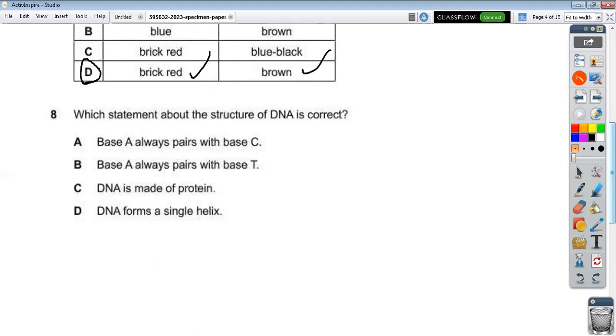Is it C? I'm just going to guess. No, you should not guess. But what do you know about the base sequence? A always pairs with T. G always pairs with C. Okay.